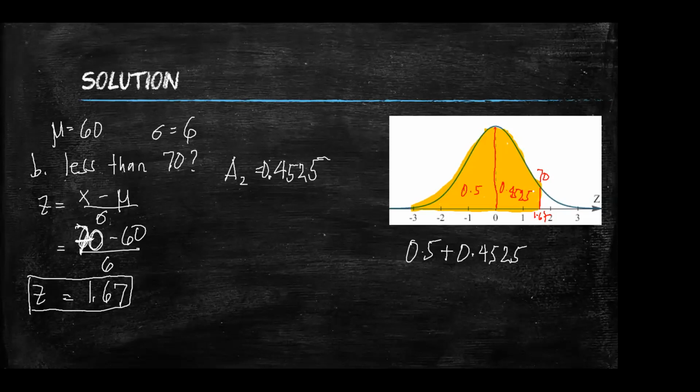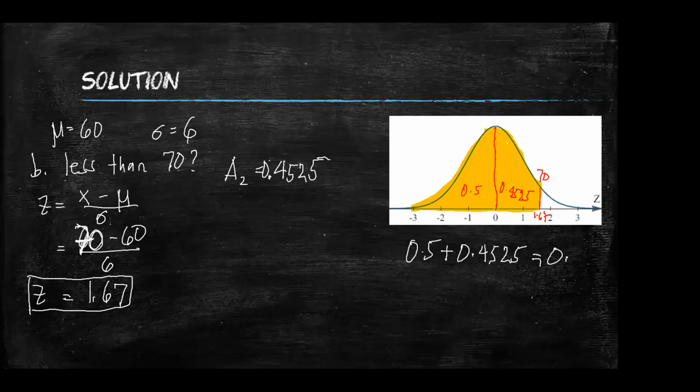Saan ba yung less than ng 70? Nasa left. So, kukunin niyo yung buong left na yon. Yung 0.4525, yan yung from 0 to the z-score. And then yung 0.5 is yung rest ng kalahati ng graph kasi part pa yun siya ng ating left. So pag pinag-add natin yan, yun na po yung answer.